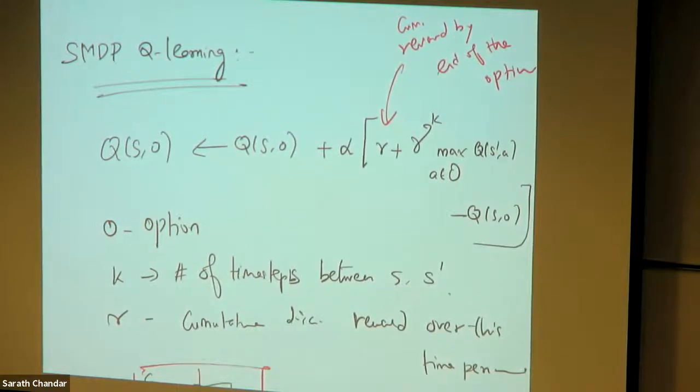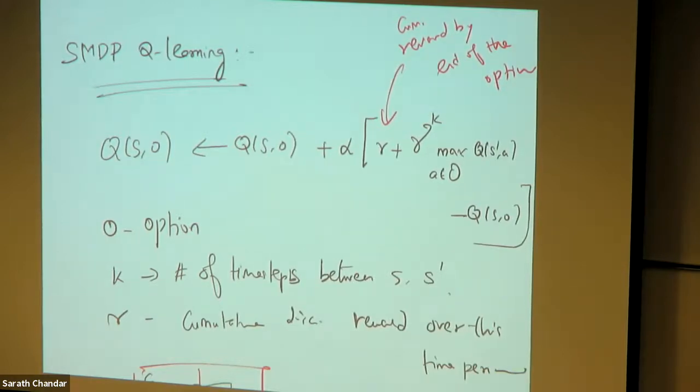Maybe some of these subsequences might be useful for other options. It would be ideal if I can also learn within the option, because then I can generalize to other options that I haven't even executed yet. SMDP Q-Learning is limited in the sense that you will learn to update only one option.